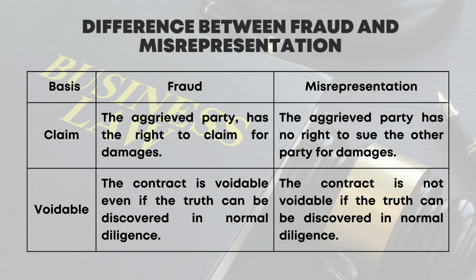They can revoke, rescind or cancel the contract. Voidable: under fraud, the contract is voidable even if the truth could have been discovered with normal diligence. Whereas in misrepresentation, the contract is not voidable if the truth could have been discovered with normal diligence.